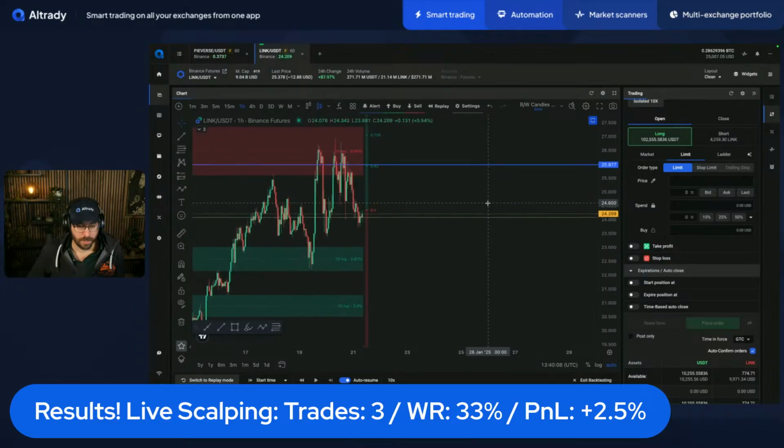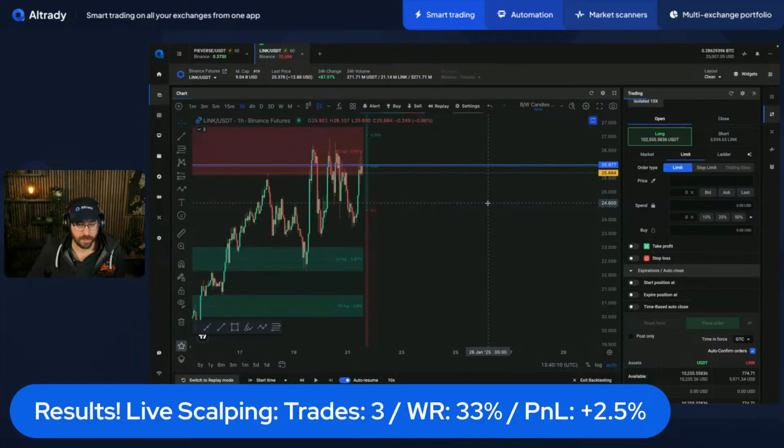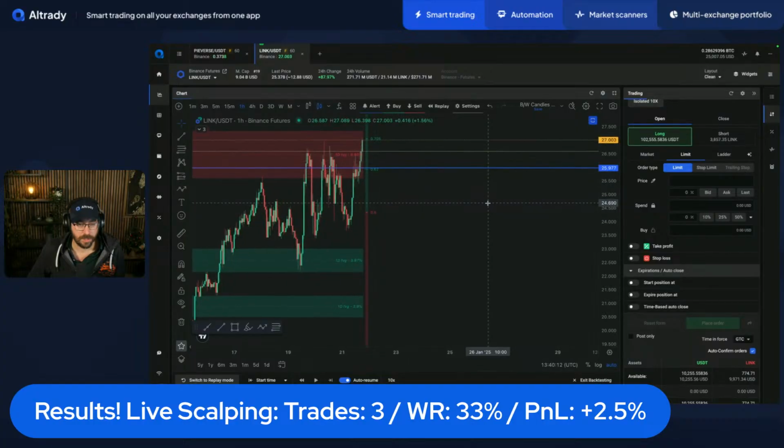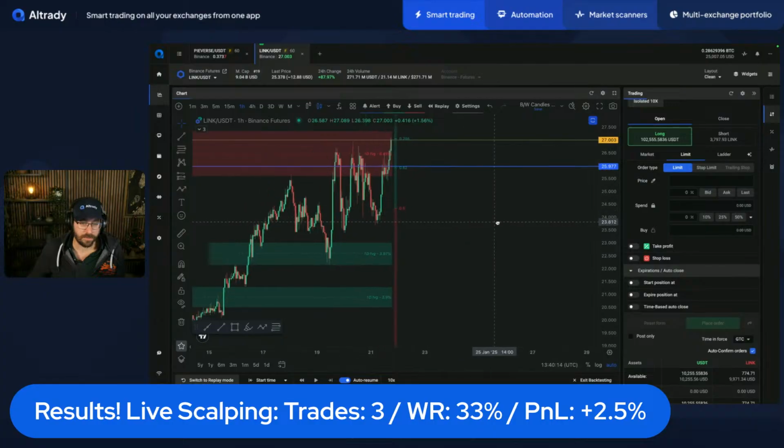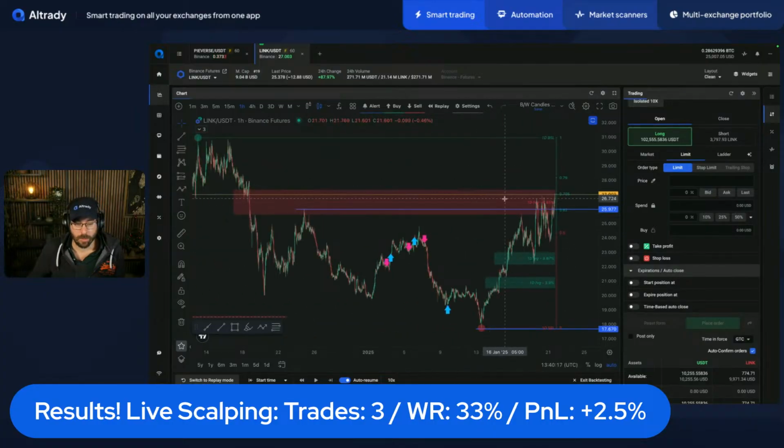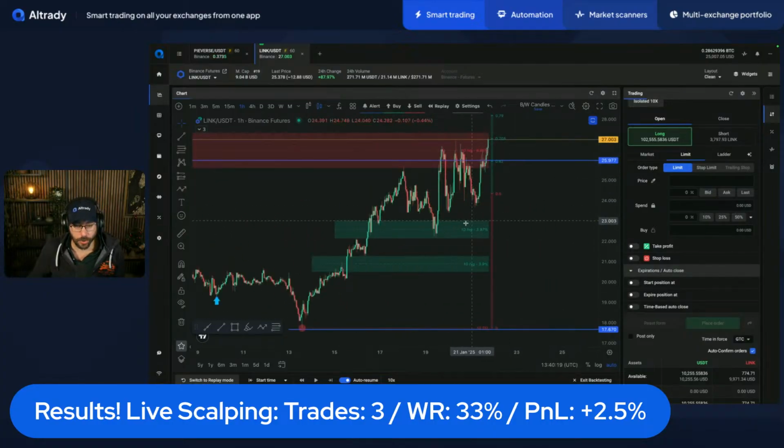Still nothing changed. Okay, we did almost fulfill this fair value gap, by the way. So we could have set our entry from that point. Yeah, it was on this one.